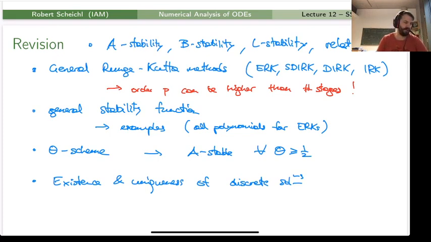Okay, so now we're in section 3.3.1 on the existence and uniqueness of discrete solutions. It's all well and fine that we now have more stability, but as I said, we've bought it by having to solve nonlinear systems to get the stage values.